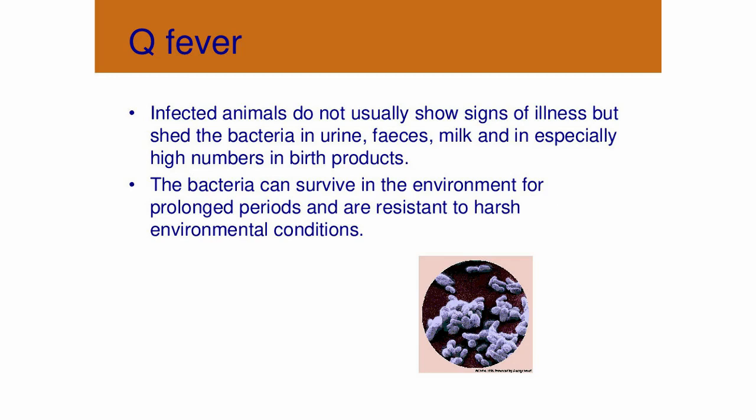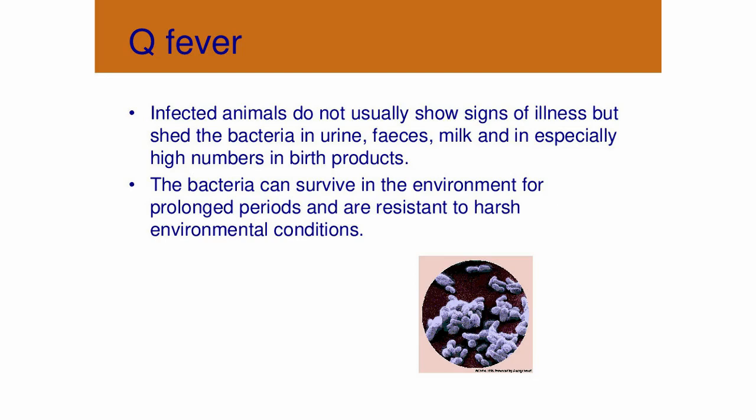After shedding, the bacteria can survive in the environment for prolonged periods, months to years, and they're resistant to harsh environmental conditions. So that can mean that if livestock have been grazing on land and that land is now no longer used for livestock grazing and may be used for another purpose, there may still be Q fever bacteria in the soil.